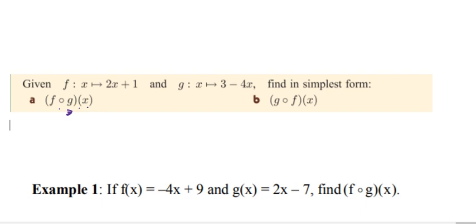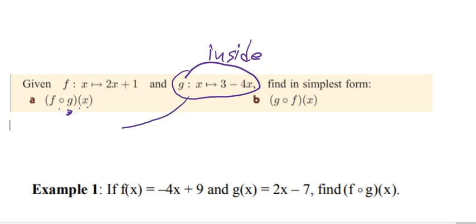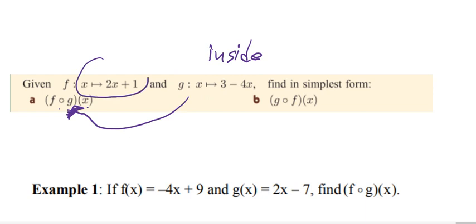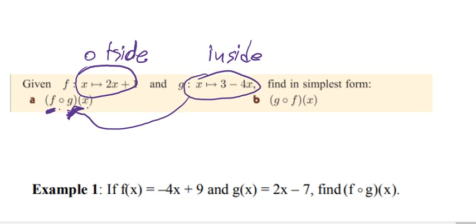What it is actually, it is one function, the inside function in this case, in an outside function. So this is something I want you to remember. Whatever is first, it's the outside function, and whatever is second after the circle is the inside function.